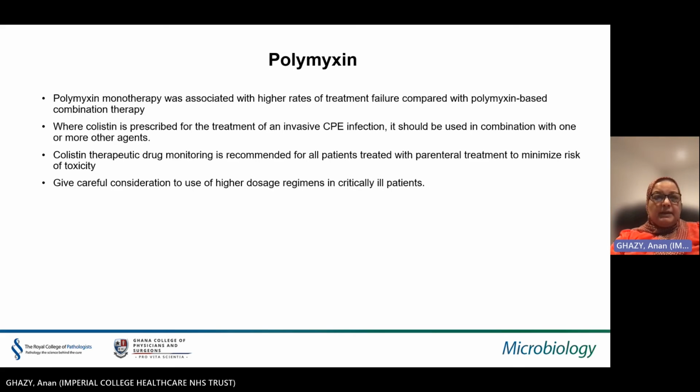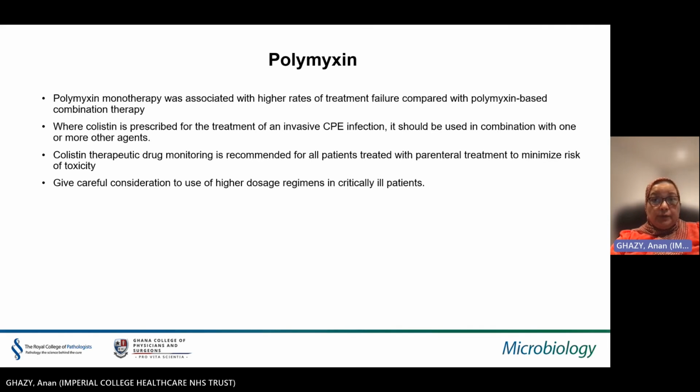For polymyxin, it is an old drug, which we don't suggest using as a monotherapy because it is associated with high resistance and treatment failure rate. If we use it, we have to use it in combination with other drugs. Where colistin is prescribed for the treatment of an invasive CPE infection, it should be used in combination with one or more other agents.